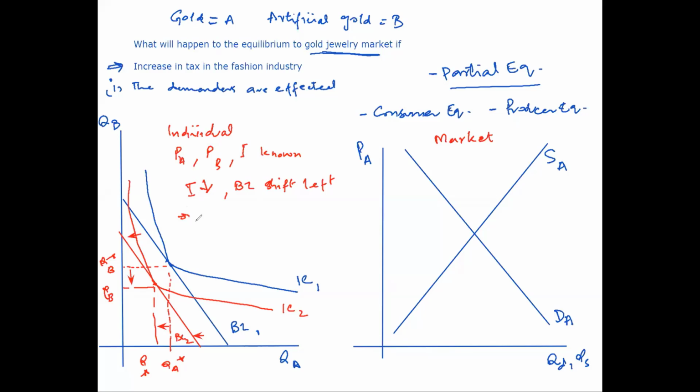Now, this was a model for one customer. Now we will aggregate it. Let me write in black. We will assume that all customers are thinking like this.